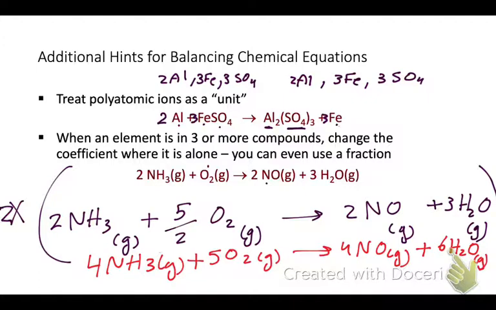You have 4 nitrogen in, 4 nitrogen out, 12 hydrogen in and 12 hydrogen out. Let's look at the oxygen. 5 times 2, you're going to get 10 oxygen in. You're going to get 4 here and 6 here. So 10 in, 10 out. Your equation is balanced. I hope you enjoyed this example.